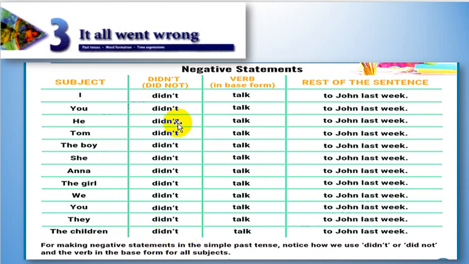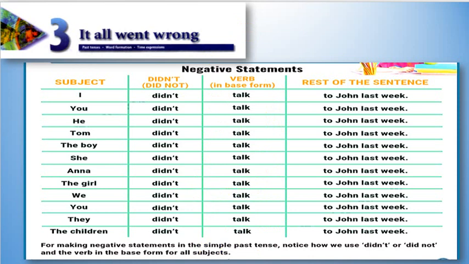The negation will be on the auxiliary verb did. And the auxiliary verb will be in the past tense while the main verb is in its base form. Okay? In negative sentences, the auxiliary verb is in the past tense, not the main verb.